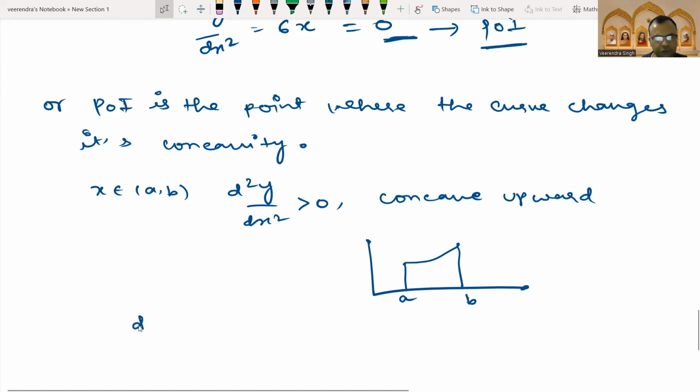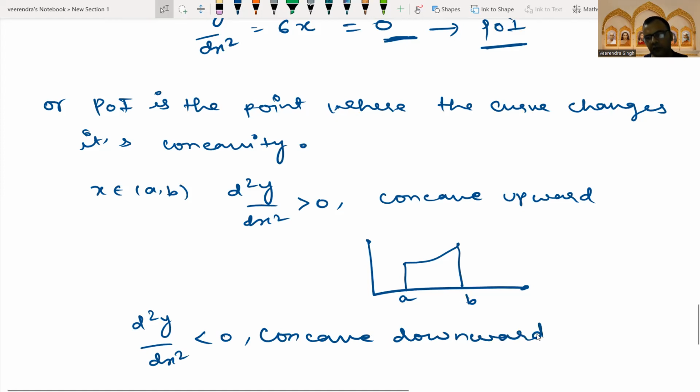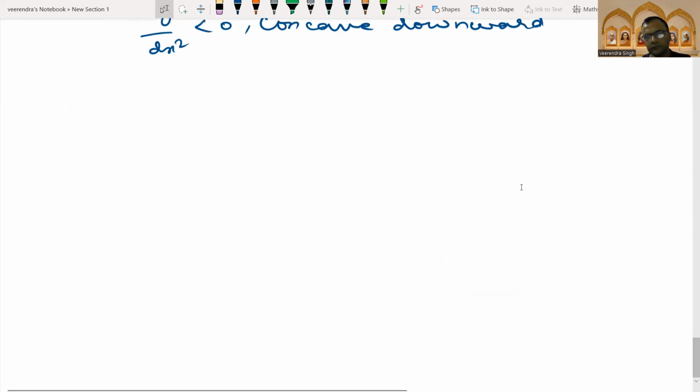If we have d2y by dx square less than 0, it means it will be concave downward. So for concave downward, we have d2y by dx square less than 0, or we have the graph like this.